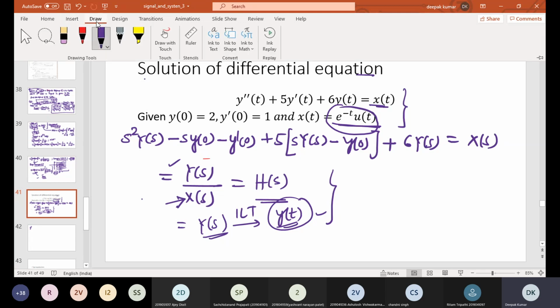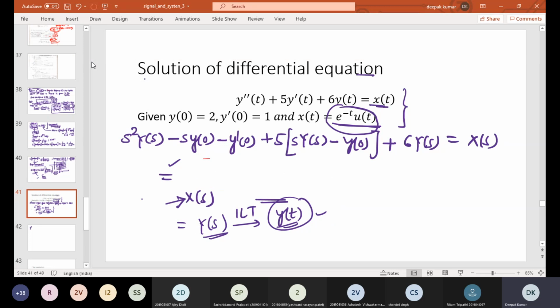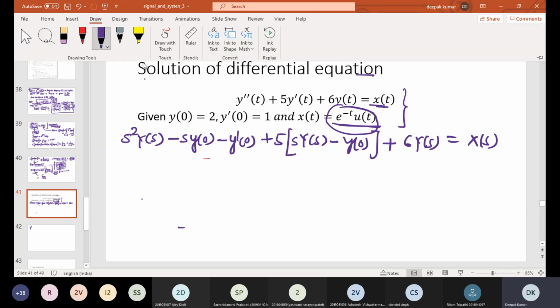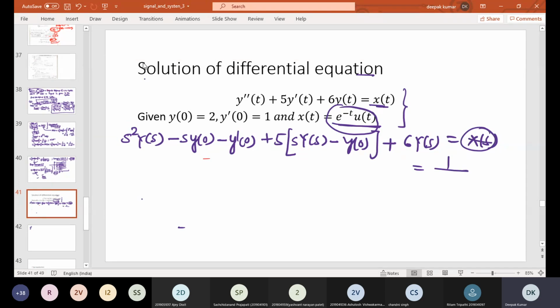What is this? Yes. This x of s is equal to 1 by s plus 1, because x of t is equal to e to the power minus t ut. That's why this is equal to 1 by s plus 1. Now see, y of s, take common s square.